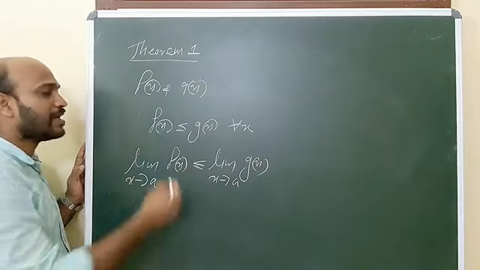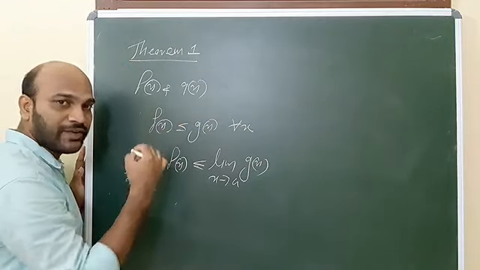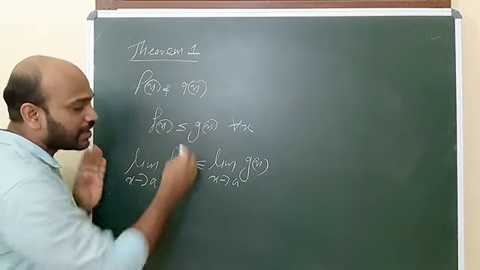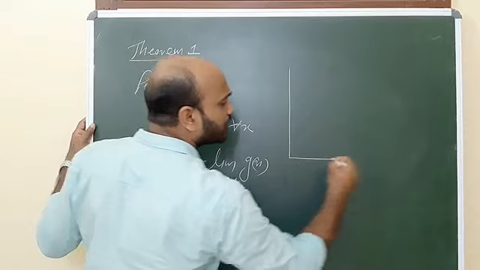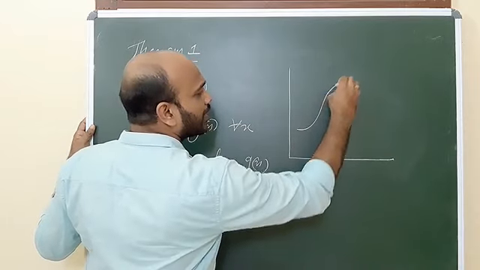If f of x is less than or equal to g of x, then if you take the limit on both sides, the inequality will be the same. So if you draw the graph of these two functions, it will be like this, right?